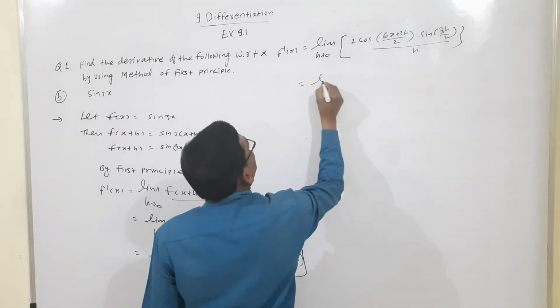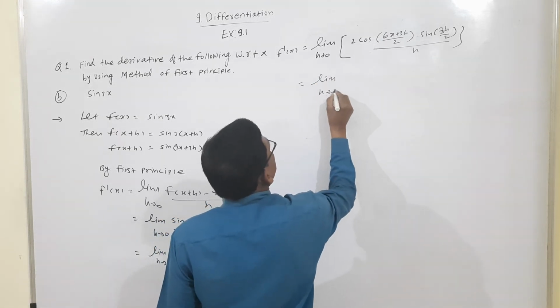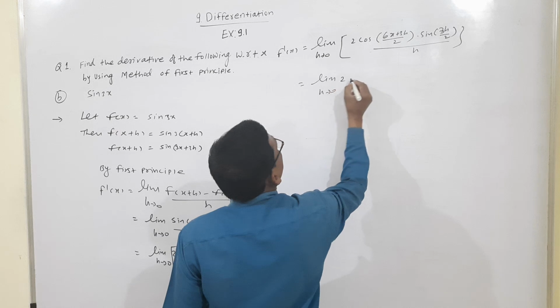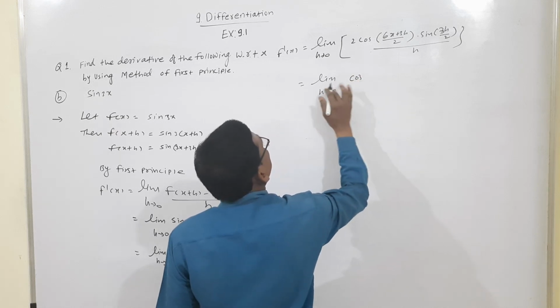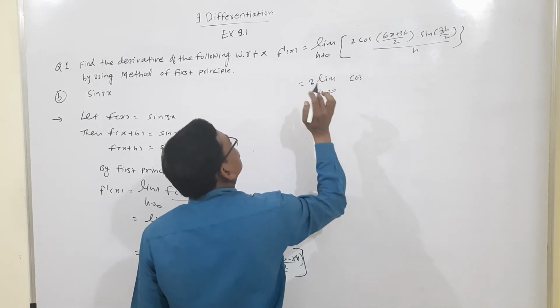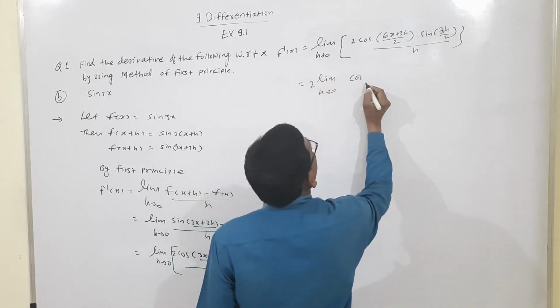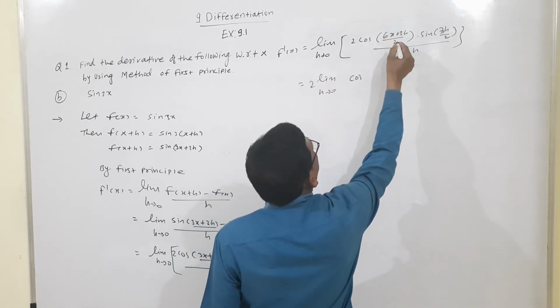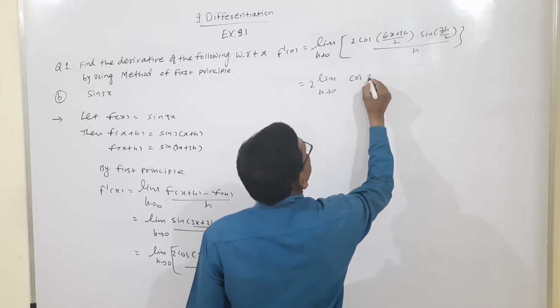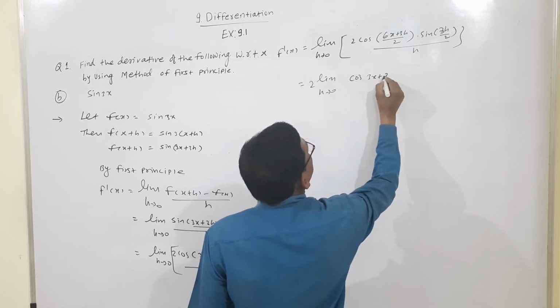Next step, limit as h tends to 0, 2 cos of, take this 2 inside, 6 by 2, it is 3x plus 3h by 2.